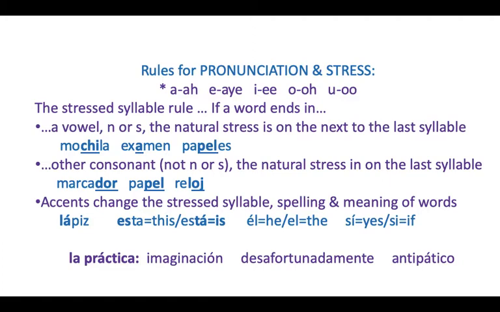Let's do some práctica. Take a look at the first word. Do not be scared of big, long vocabulary words. Break it down into syllables. Think about where that stress is and go for it. Let's take the first one. Repita. I, ma, chi, that's a guttural ch, na, sion.